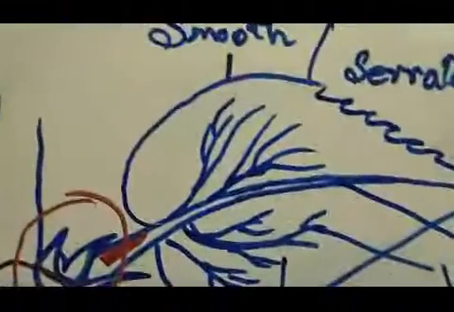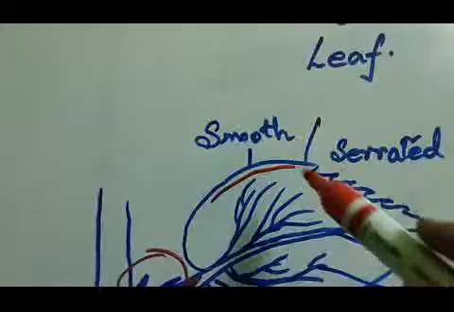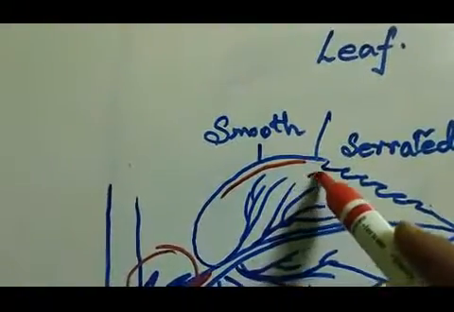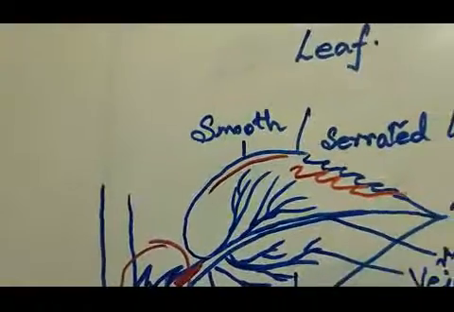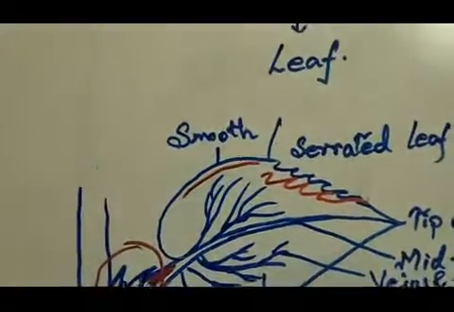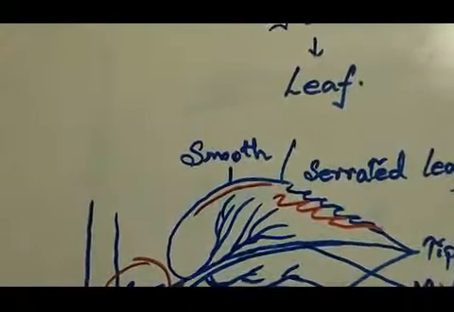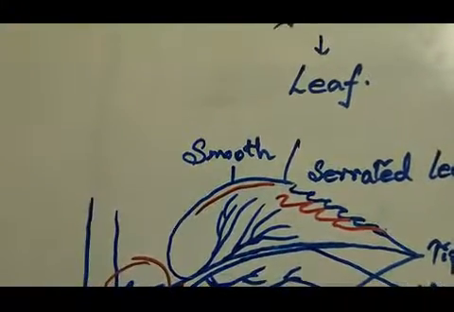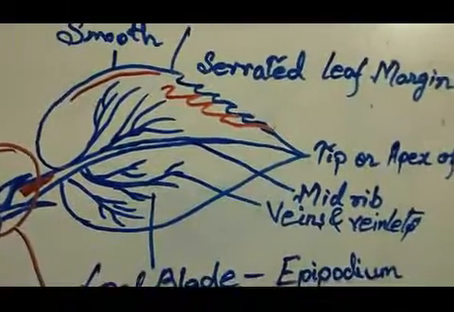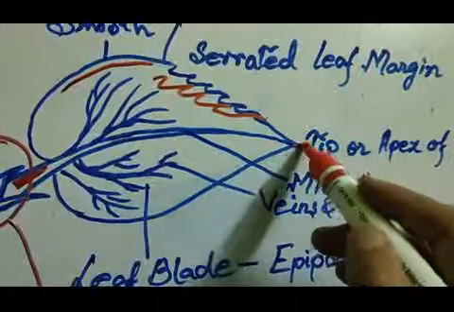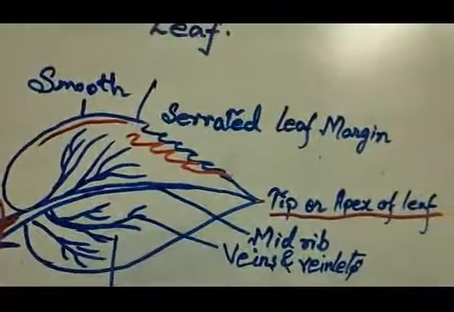The edge of the leaf blade may be smooth like this or may be serrated like the jaws of a shark's tooth. The pointed tip just opposite to the petiole is called the leaf tip or apex of the leaf.